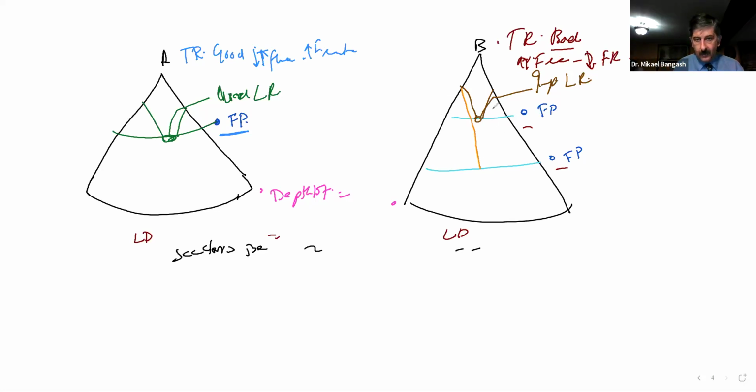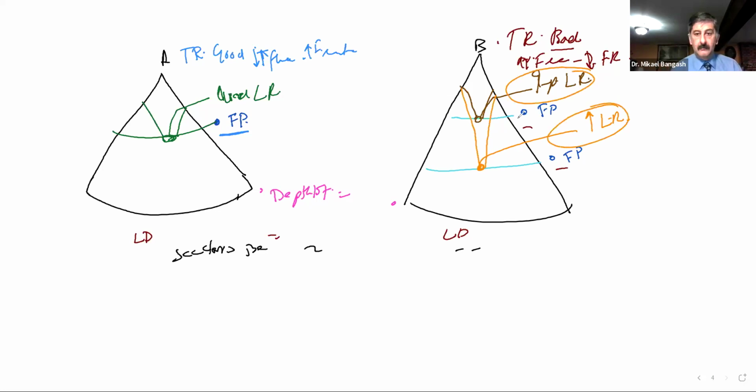Because this was another focal point, here again the beam will have an improved lateral resolution. So throughout your image, here you will have a good lateral resolution, here you will have a good lateral resolution.